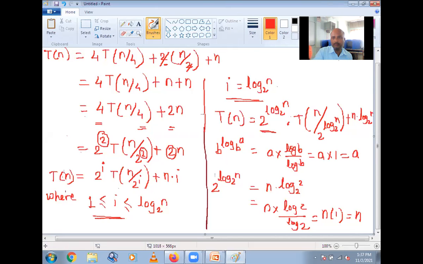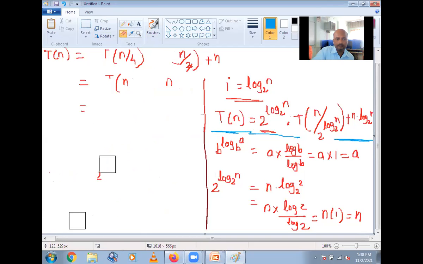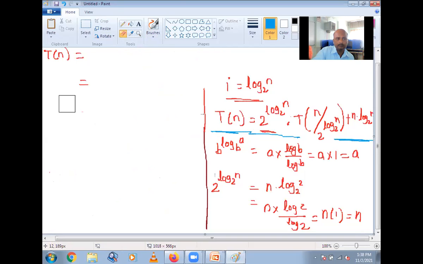So this equation will become, instead of 2 raised to log 2 raised to n, we can write n into T of n by n plus n log 2 raised to n.